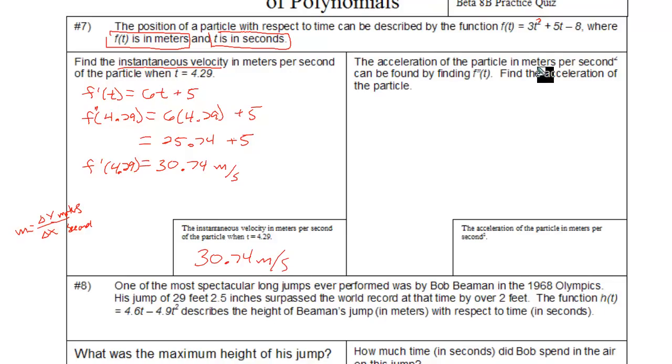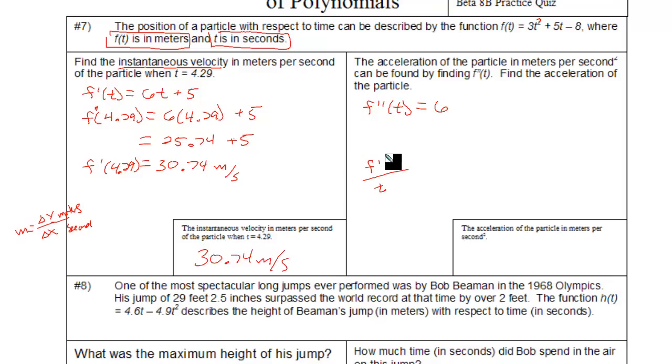The acceleration of the particle in meters per second squared can be found by finding the second derivative. That's the derivative of the derivative. That's 6. Find the acceleration of the particle. It's 6. How do you label it? Well, this is f double prime. So basically, this is the slope. So we have f prime on the top, and we have t on the bottom.